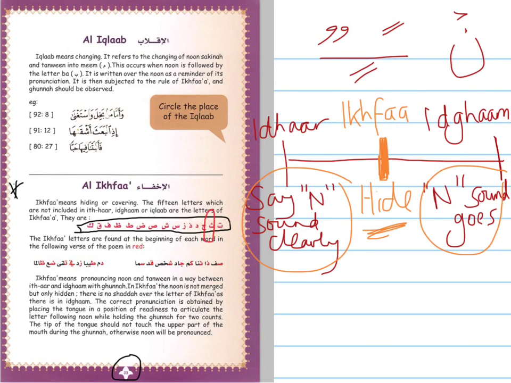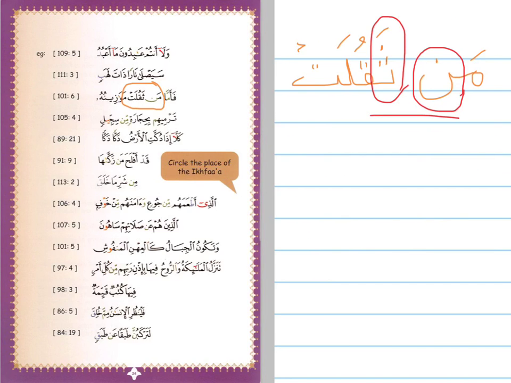So we need to apply ikhfa here, which basically means you try and hide. The way we say this is man thaqulat. It's halfway between izhar, where we show it.